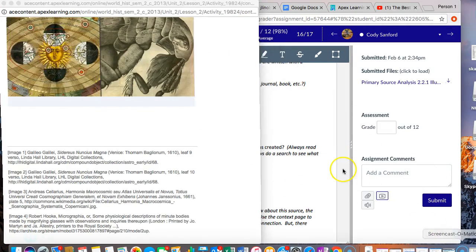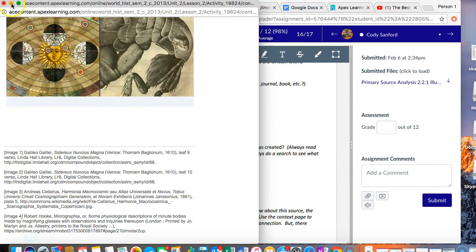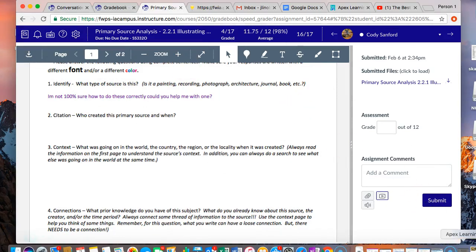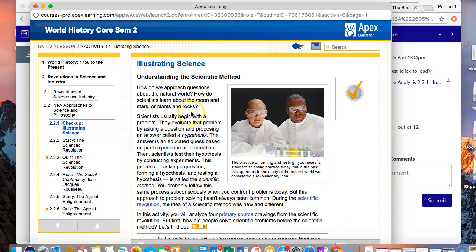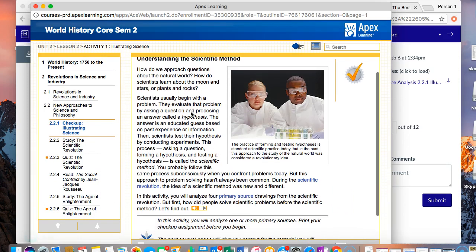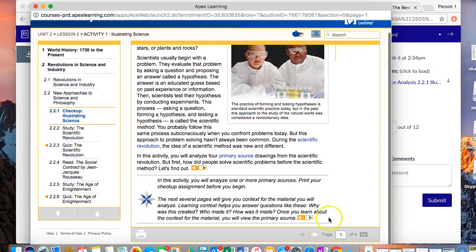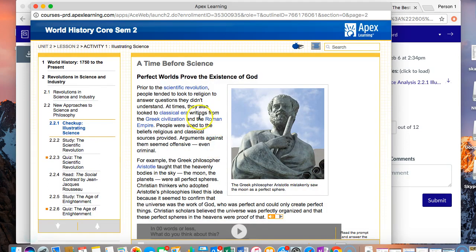So we're going to go back to Apex. We're going to go back to this page and go to page 1. And this is talking about understanding the scientific method, okay? So it doesn't necessarily tell us what was going on in the world at that time, but the second page does, okay?